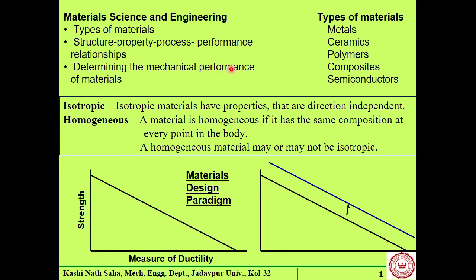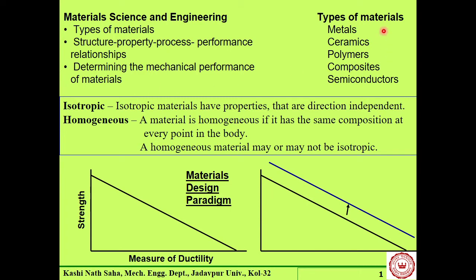There are certain manufacturing processes, say casting, or welding, which is not a homogeneous thing, casting, rolling, etcetera. These types of operations and manufacturing processes also affect the mechanical property. So this is what affects our mechanical property, and this is what we must take note of. Okay. That is understood. And finally, determining the mechanical performance of the material.